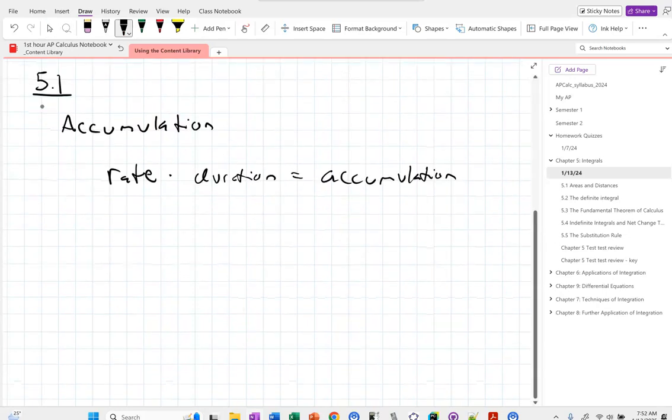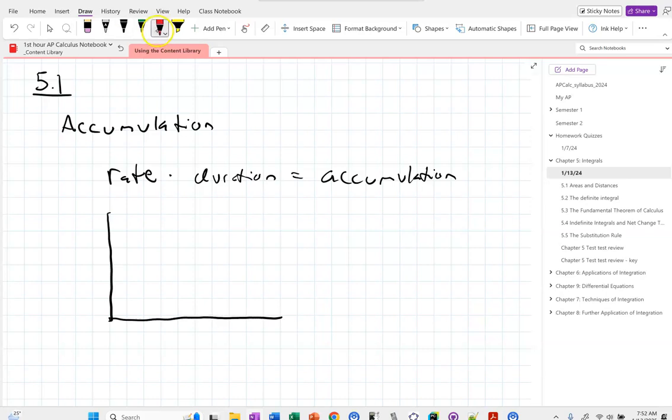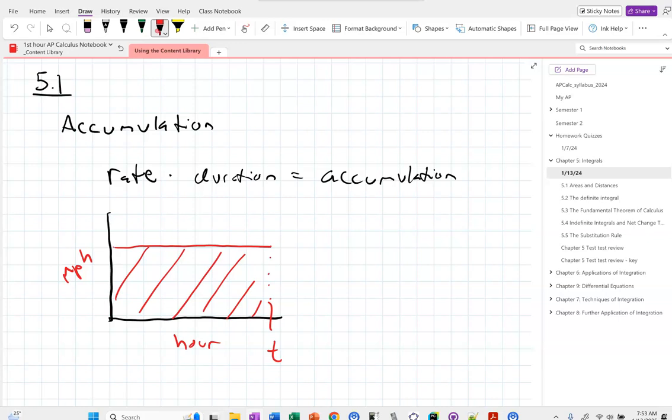So this is a really intuitive idea if we think about this graphically. This is our miles per hour, and this is hours down here. If I'm looking at what distance we accumulated in, say, time t, I'm looking for the area under the curve, right?